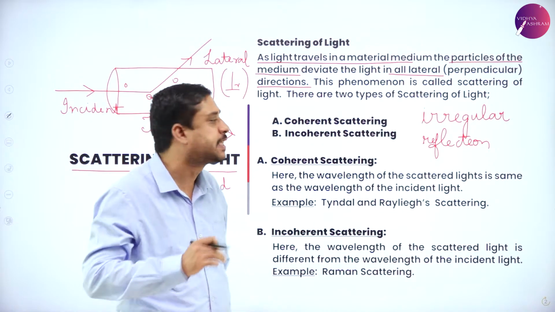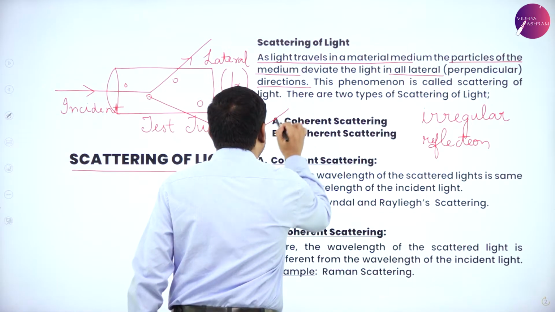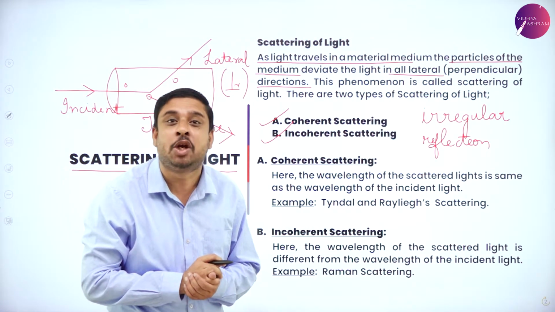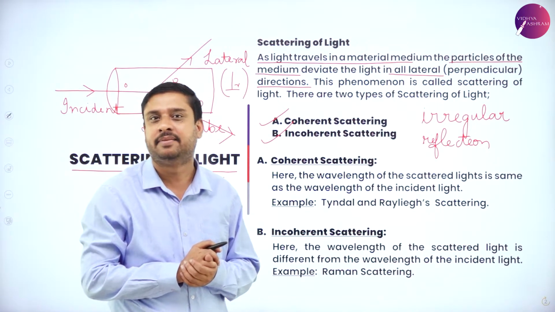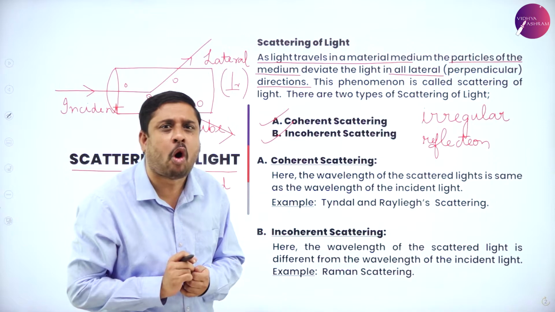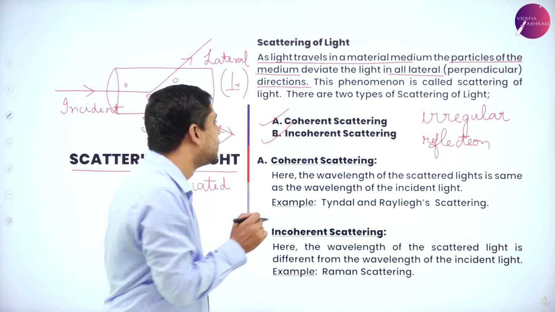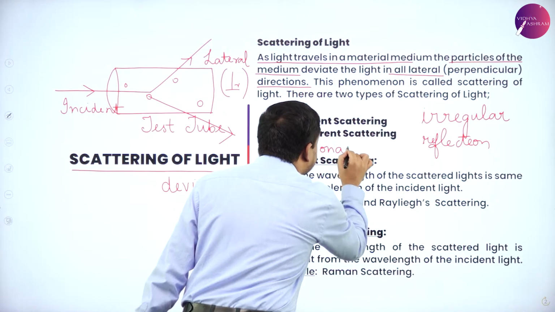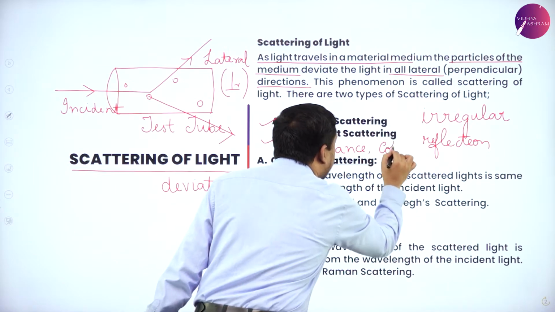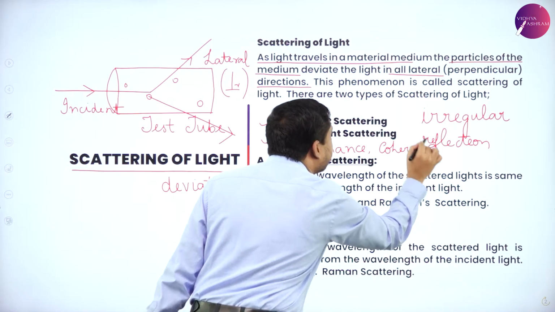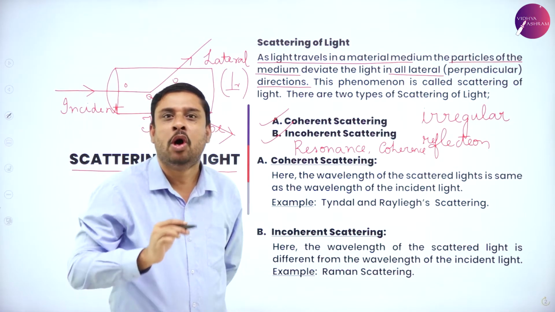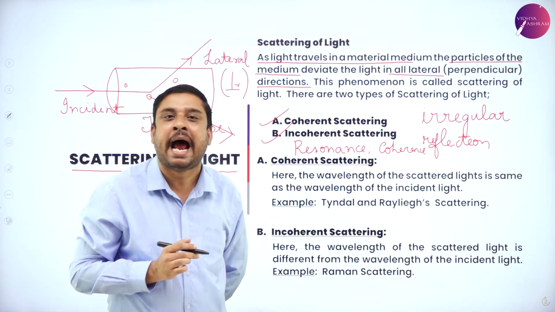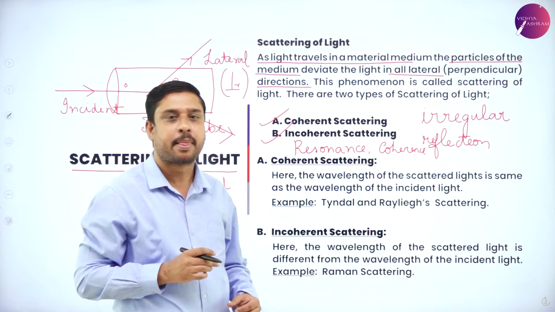Now, there are two types of scattering. One is called coherent scattering. The other one is called incoherent scattering. There are two common words which we use in physics. One is called resonance and the other one is called coherence. Two commonly used words, resonance and coherence.